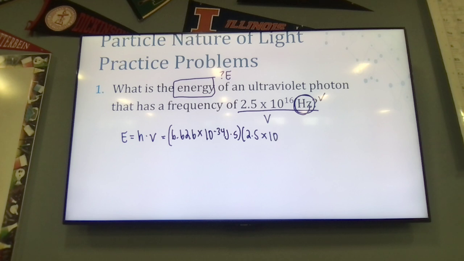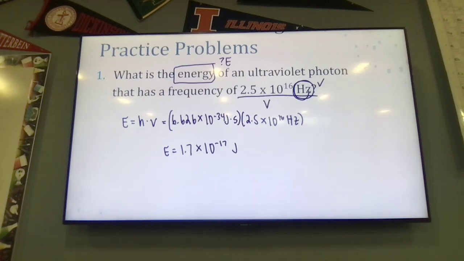Plug in your frequency, 2.5 times 10 to the 16th hertz. How are you going to solve? Just multiply. And I got 1.7, and you will always get very, very tiny exponents, 10 to the negatives, because you're calculating one little particle hitting you.